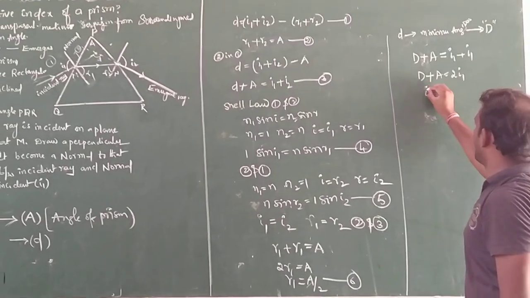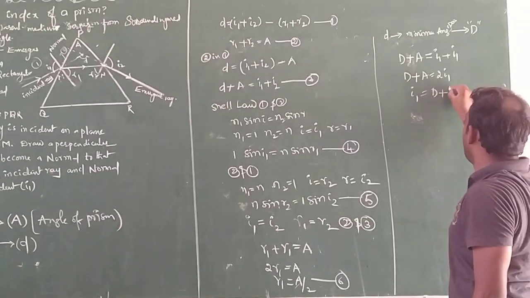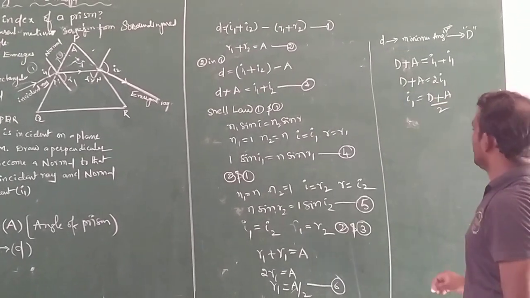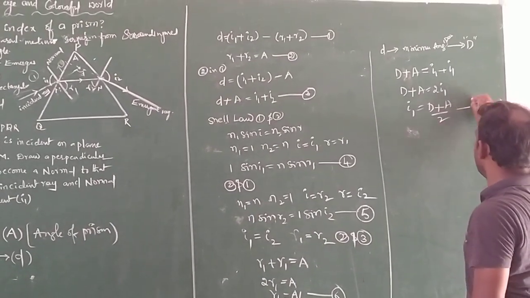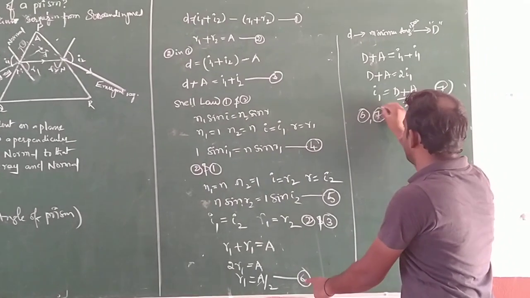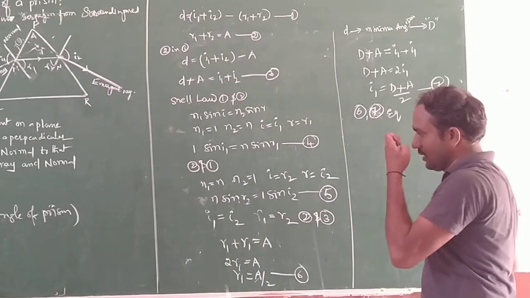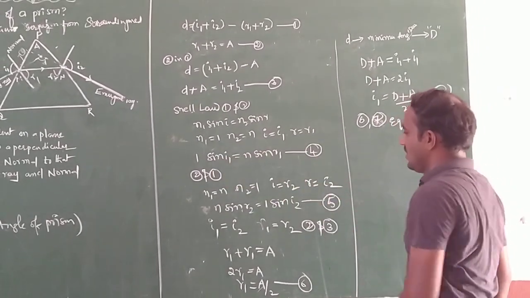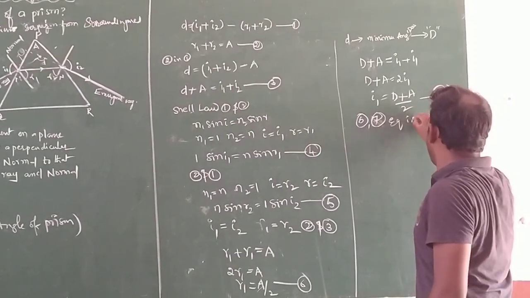Then i1 is equal to D plus A divided by 2. This is equation 7.